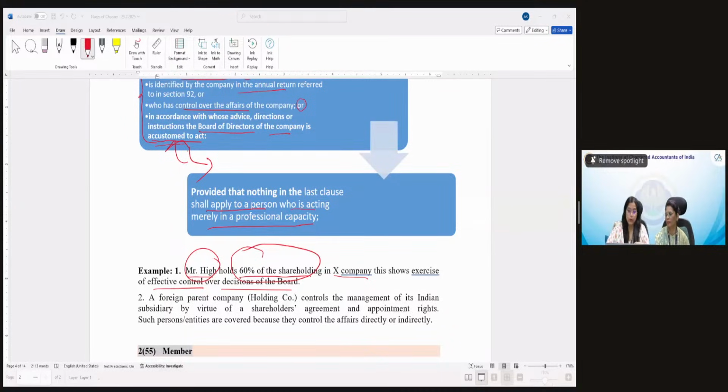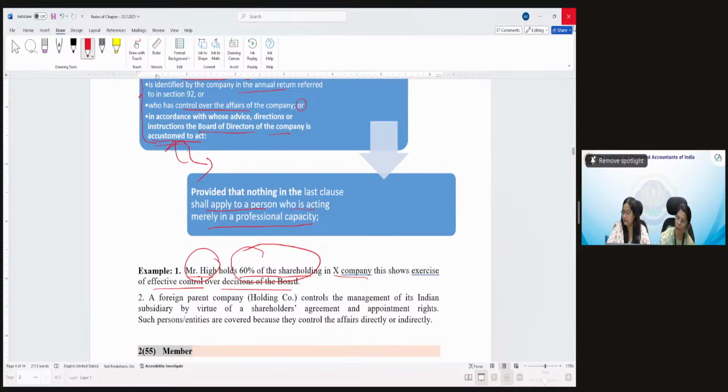Yes, no. You should have control over the affairs. It's not necessary that the preference shareholder will have control over the affairs of the company. If it definitely says equity shareholders, then you will say yes.